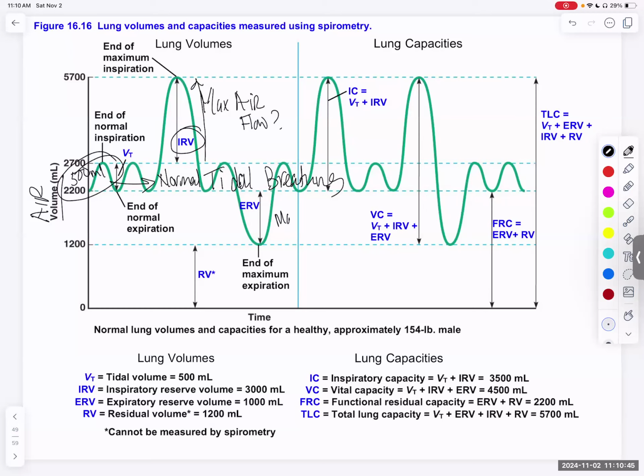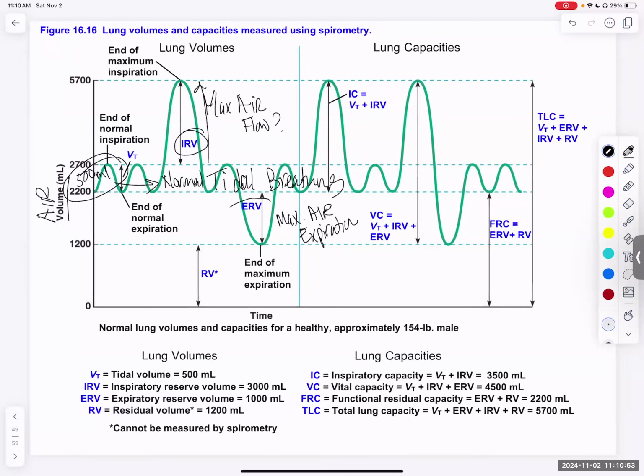If you see what's your max air expiration, how much air can you blow out? That's your expiratory reserve. That's where you just try to maximally breathe as much air out as possible. And if you look at all those together, your just regular breathing plus how much you can inhale and how much you can exhale, that's called your vital capacity.